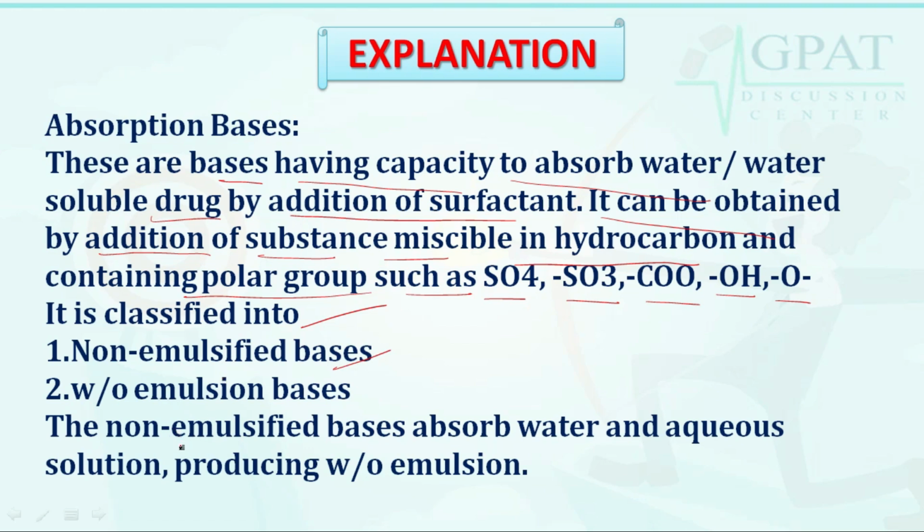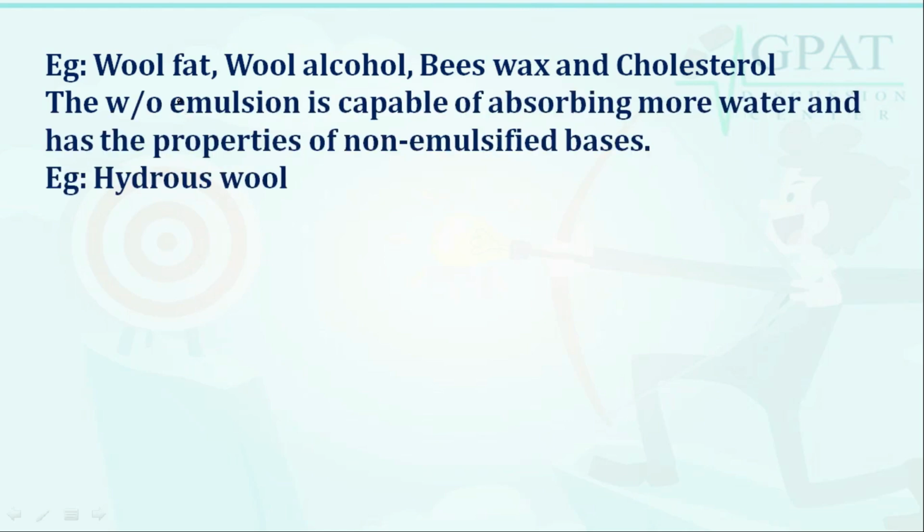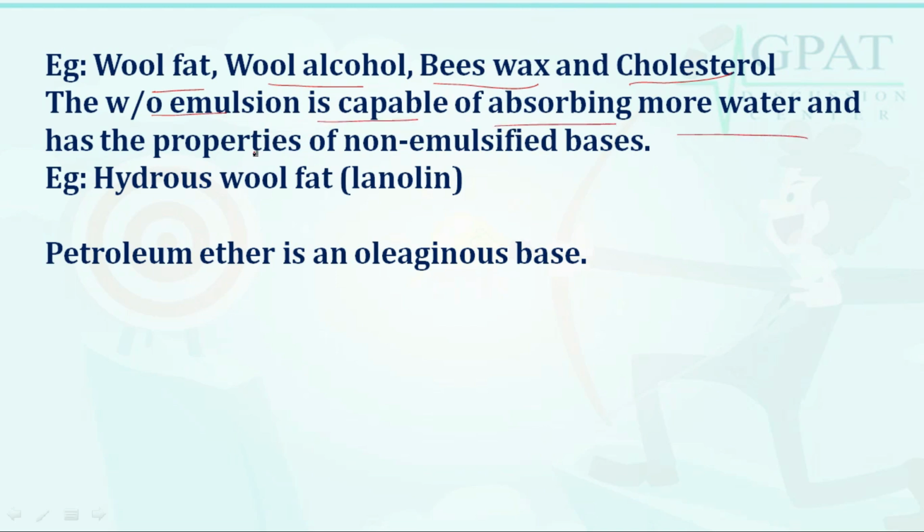The non-emulsified bases absorb water and aqueous solution producing W/O emulsion. Examples are wool fat, wool alcohol, beeswax and cholesterol. The W/O emulsion base is capable of absorbing more water and has the properties of non-emulsified bases. Example: hydrous wool fat, that is lanolin, and petroleum ether is an oleaginous base.